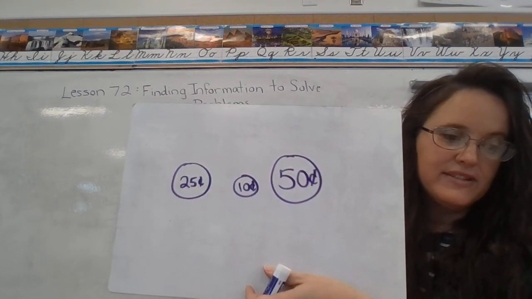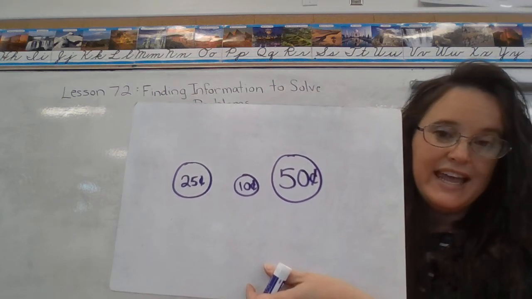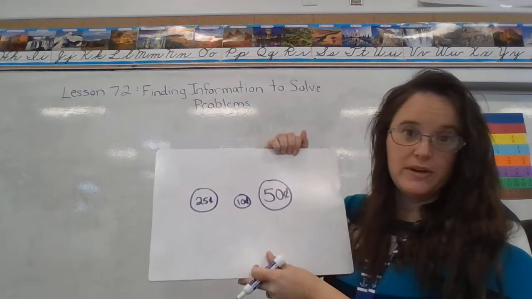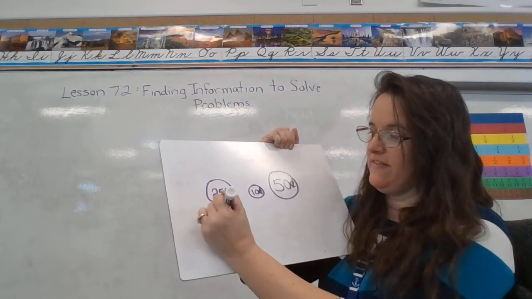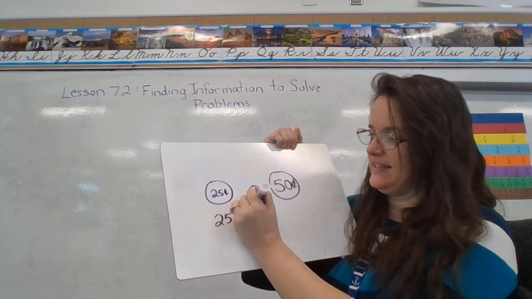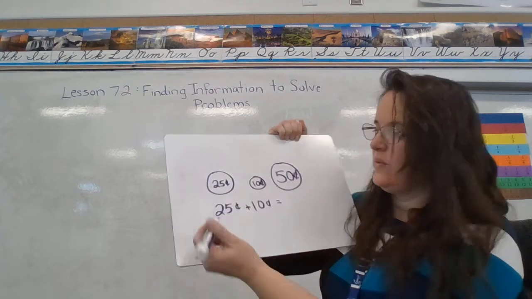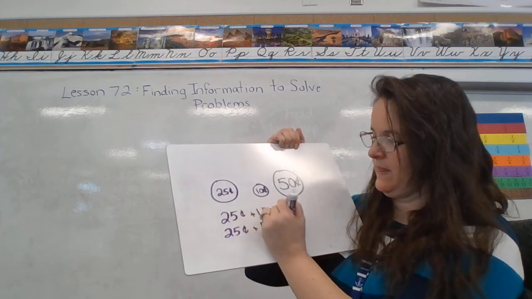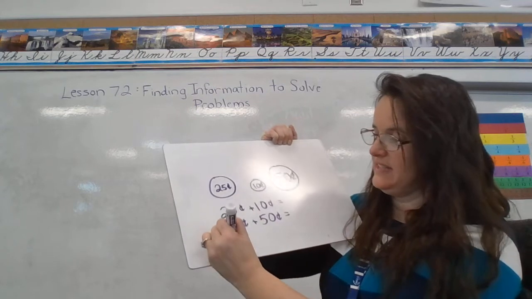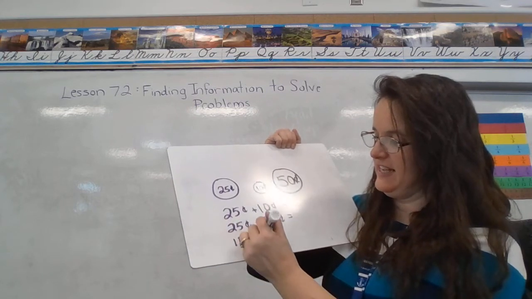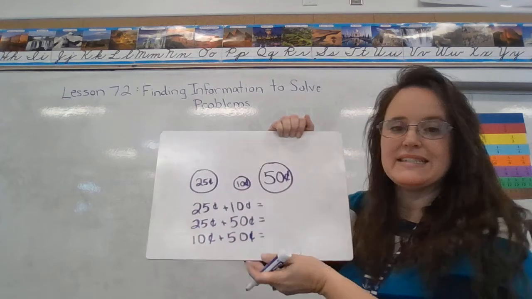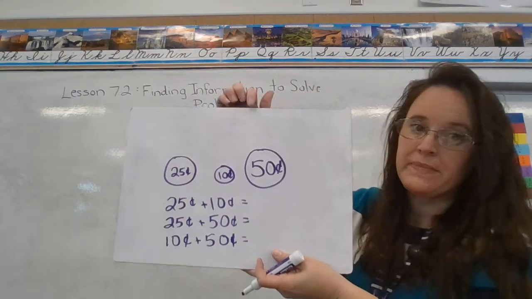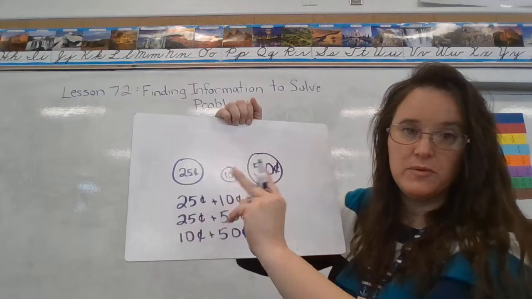How many different amounts of money could you make using any two of the 3 coins? So we're going to make combinations. We can do 25 cents plus 10 cents. We can do 25 cents plus 50 cents. We can do 10 cents plus 50 cents. Is there any other combination that we could do using these 3 coins? In our old problem, we would flip-flop them, right?